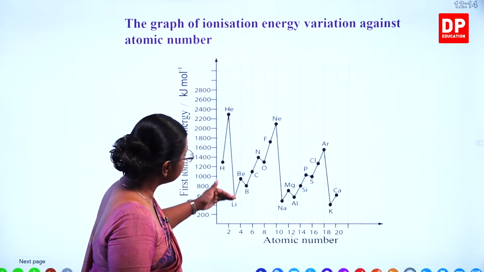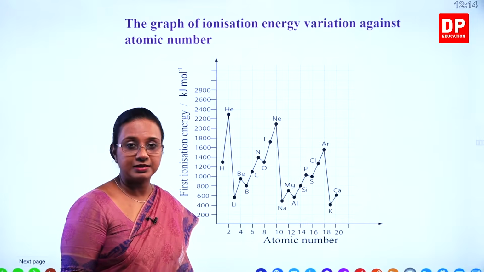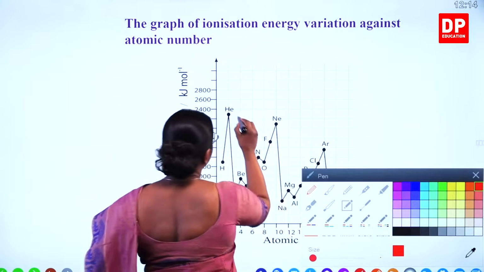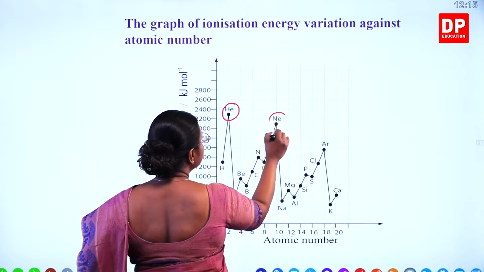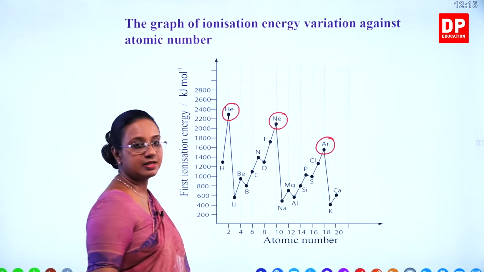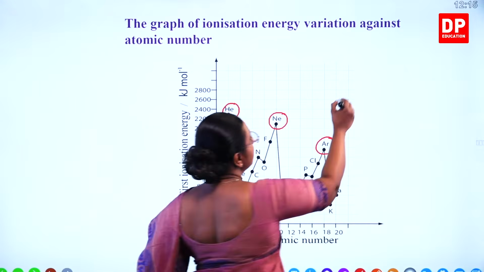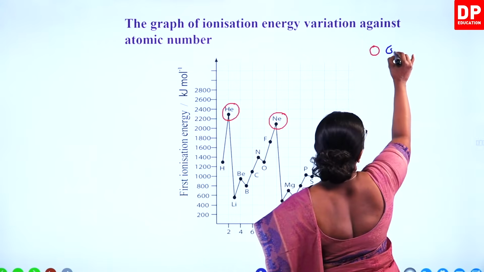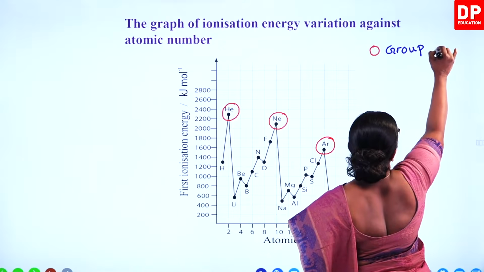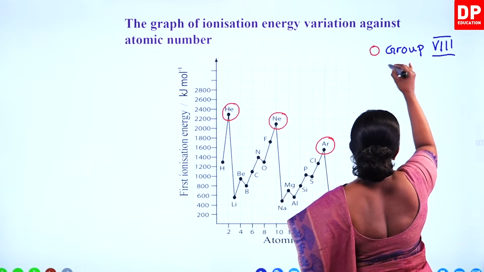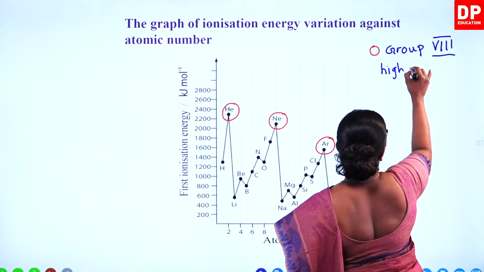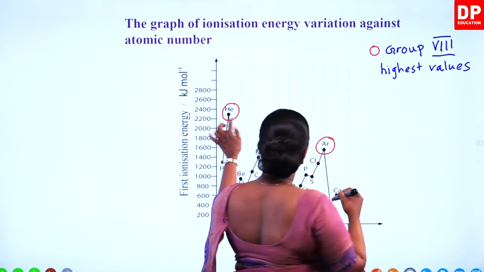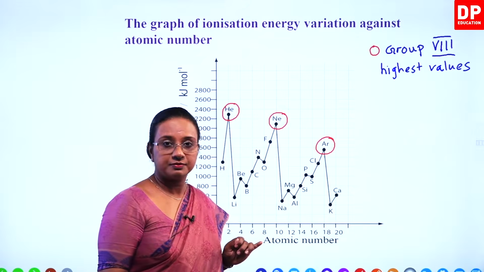Here you can see certain special patterns. Always the group 8 has the highest first ionization energy. So it is group 8 has highest first ionization energy, that is the highest values. So they are at the top of the graph.